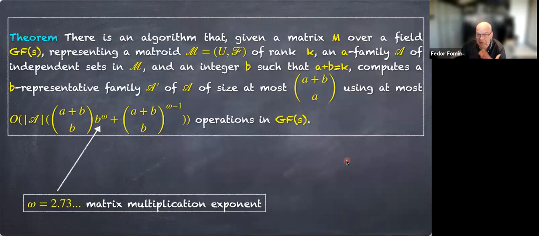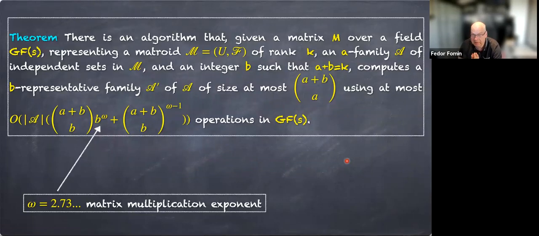But I don't want to prove the Lovász theorem itself. If we prove this lemma, it will also prove the combinatorial result of Lovász. But I want to prove the algorithmic statement, or here is the algorithmic statement of the theorem of Lovász. Okay, so there is an algorithm. So the theorem.